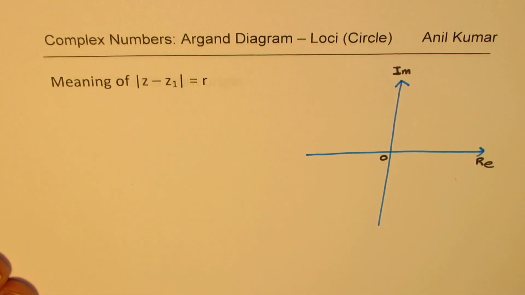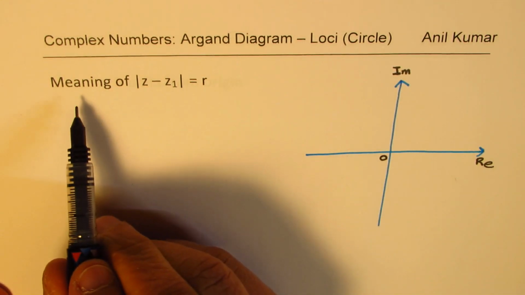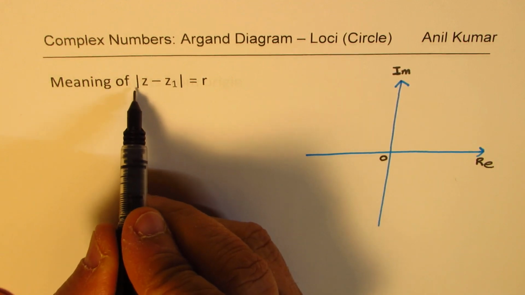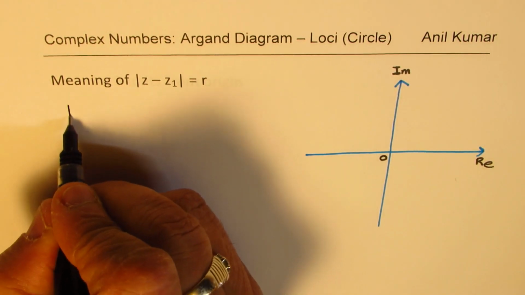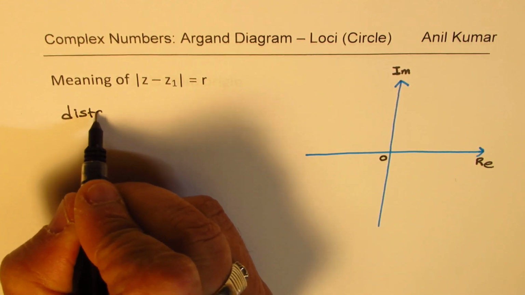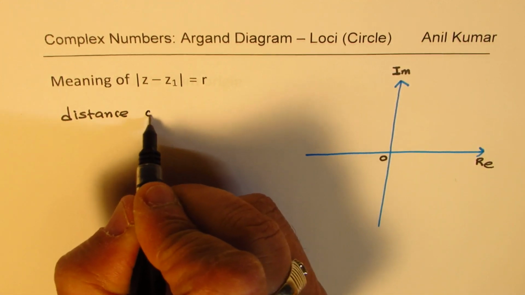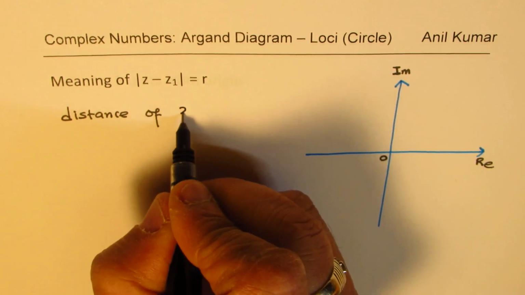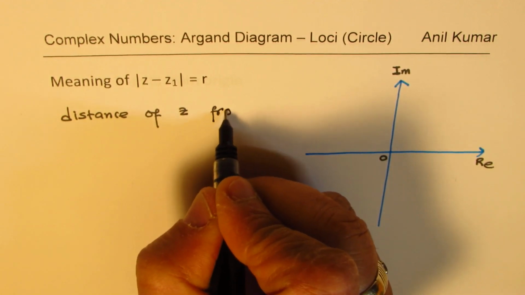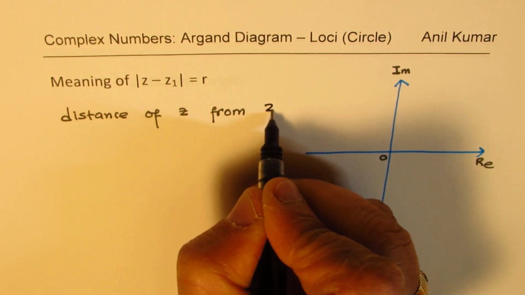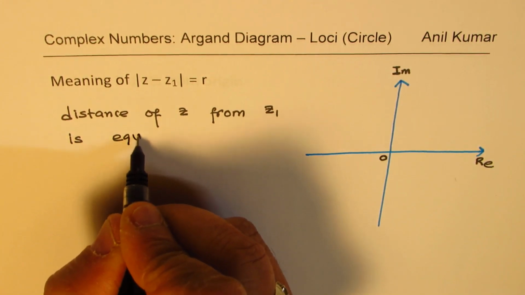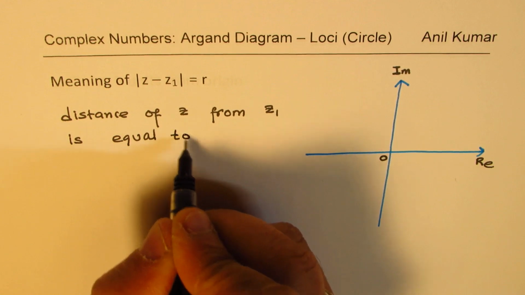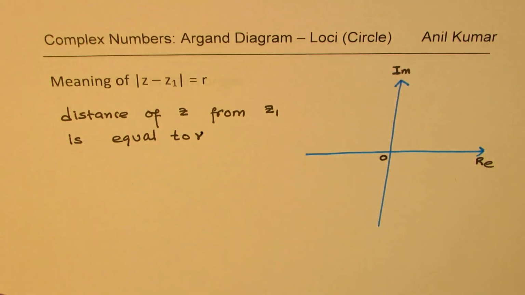Now, what does this mean? This means the distance of z from z1 is equal to r. That's what it means, right?